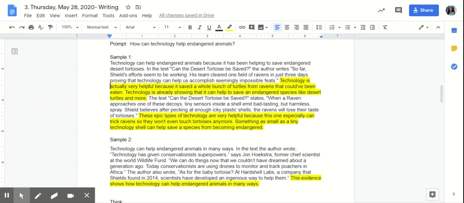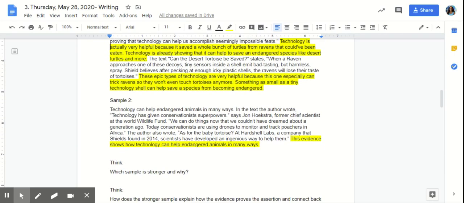So that sentence is explaining why technology is helpful and how. Something as small as a tiny technology shell can help save a species from becoming endangered. This sentence is telling us that this kind of technology is helping to prevent species from becoming endangered.